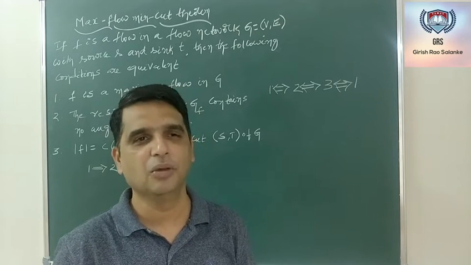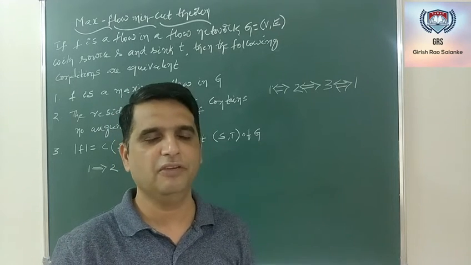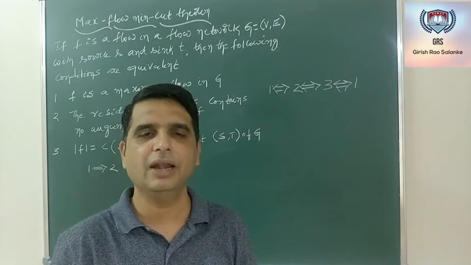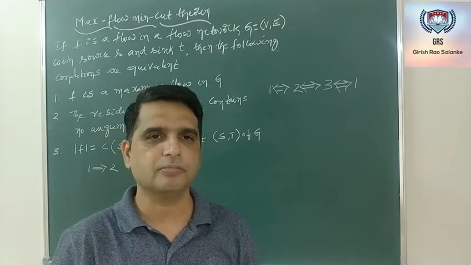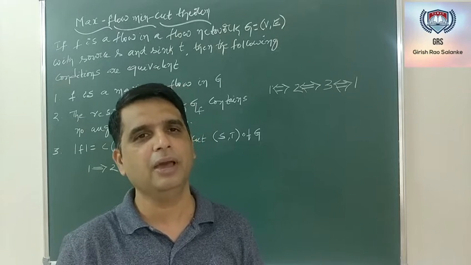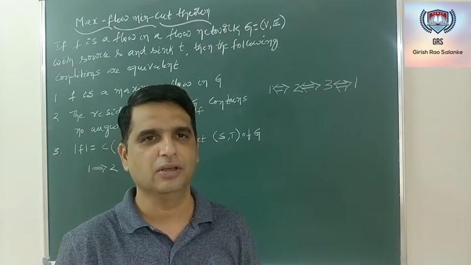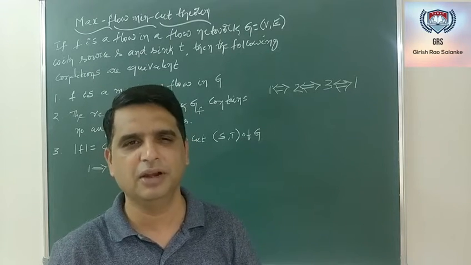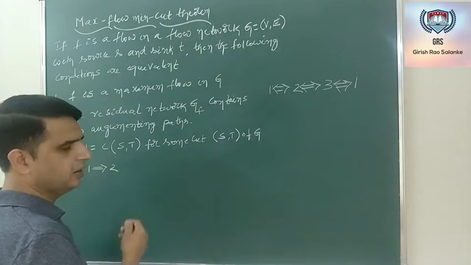But it can't be so, because if F denotes the max flow on a flow network, then we can't have an augmenting path in my residual network. So both of those statements contradict. Hence, with the help of the contradiction, we can prove that 1 is equivalent to 2.